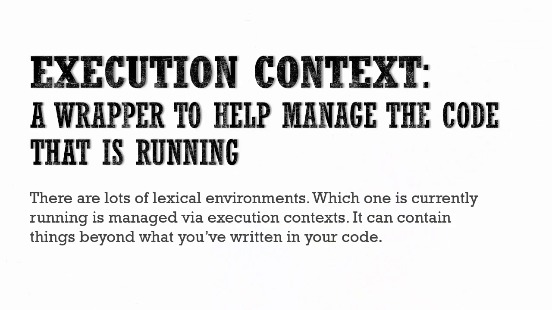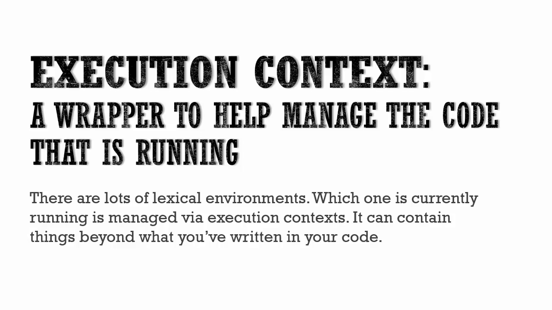Execution context. A wrapper to help manage the code that is running. There are lots of lexical environments, areas of the code that you're looking at physically, but which one is currently actually running is managed via what's called execution contexts.